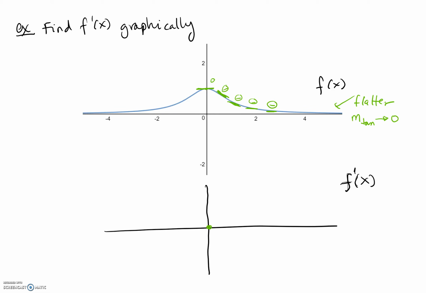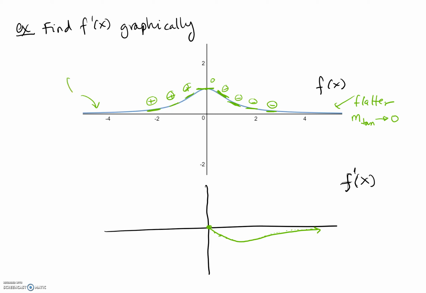So if I had to guess what's happening from here, I'd say there's some negative values, and notice they're getting flatter and flatter, and they have no choice but to approach the y value 0. So maybe my guess would be something like that for the right side of that graph. And by symmetry, notice on the left, these are all positive tangent line slopes.